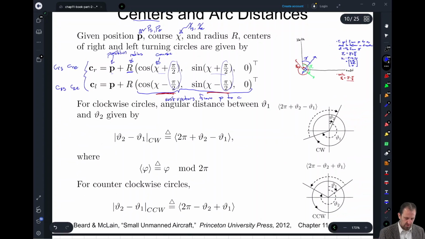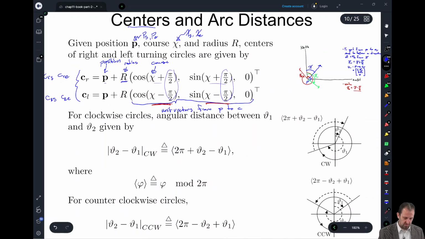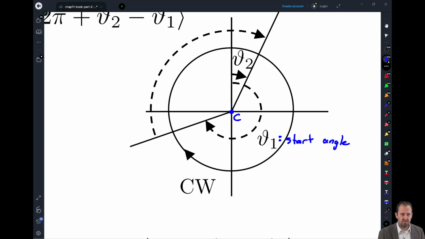Now, we're going to calculate distance along an arc. So we have to calculate this based on whether we're going clockwise or counterclockwise. It's calculated slightly different, right? So if we're starting off on a circle, we're going to say that var theta 1 is going to be our starting angle of the circle. So assume this is where our C, R, or L is, but that's the center of our circle.